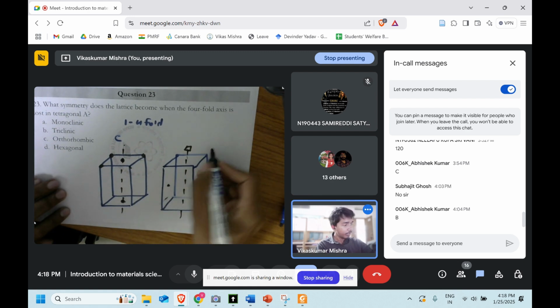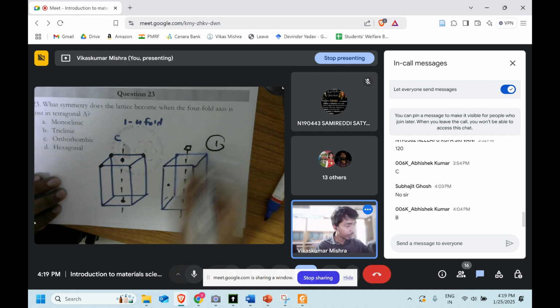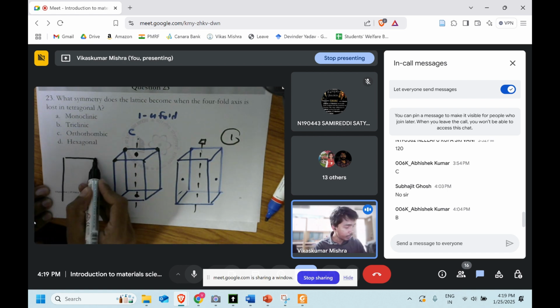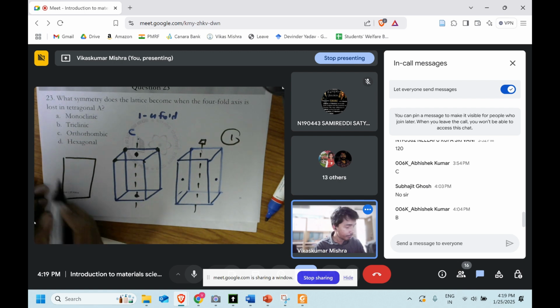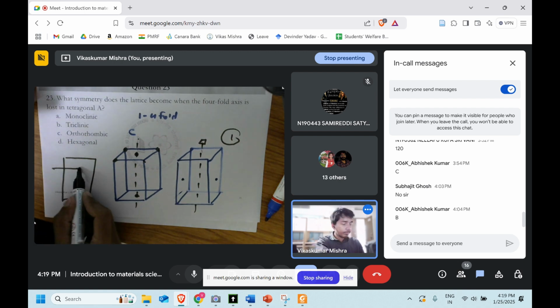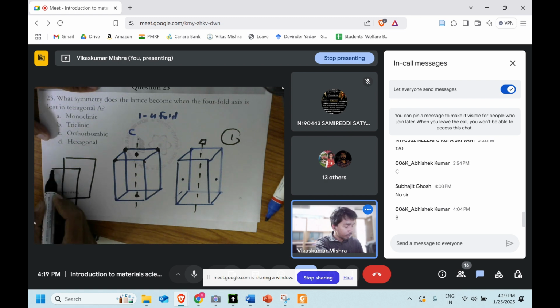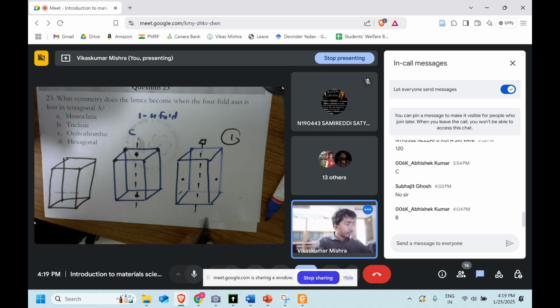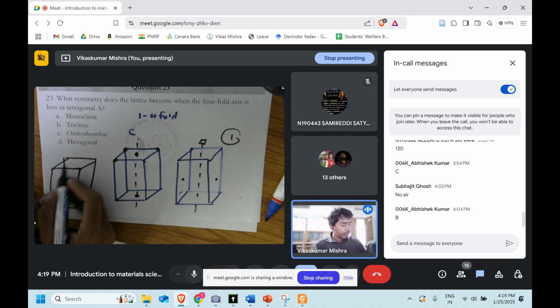What will happen? This is our state 1. I am drawing one tetragonal here. This will be our state 2. I should have taken some new paper. Okay, it's fine, I think we will be able to do it over here. The axis will remain over here.